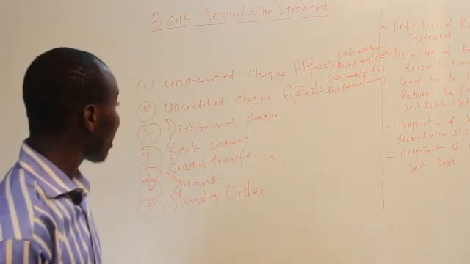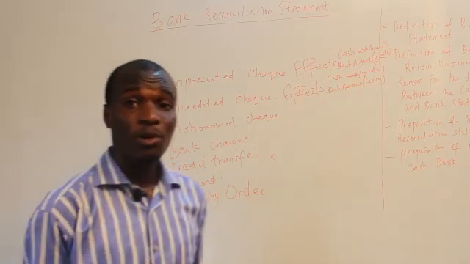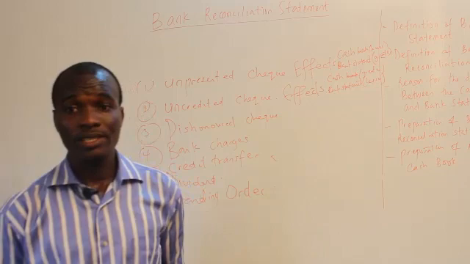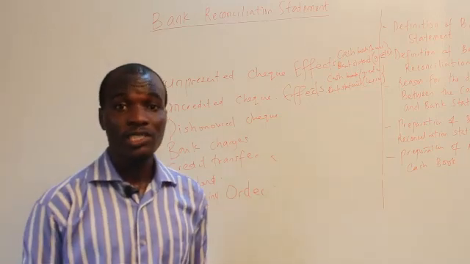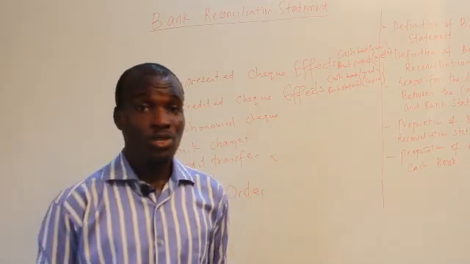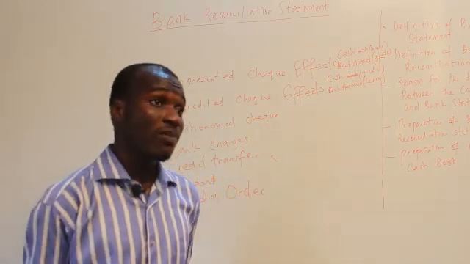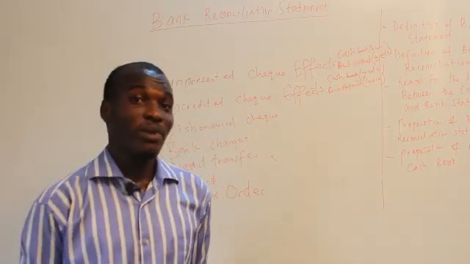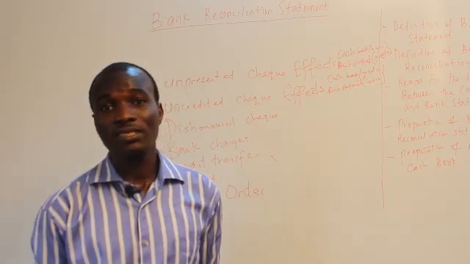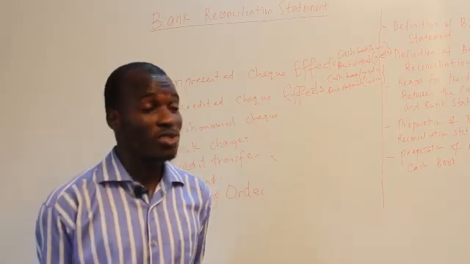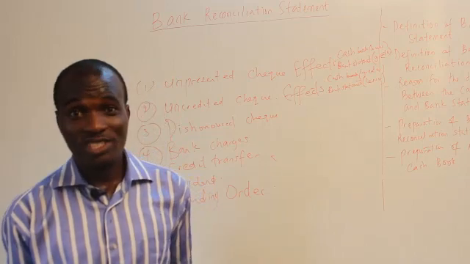So we also have the bank charges. This is the amount of charge or interest collected by the bank for the services it rendered to the customer. Whenever the bank renders services to its customer, interest is usually charged by the bank. When the bank charges such an interest, the customer might not be notified, so that can also cause disagreement.